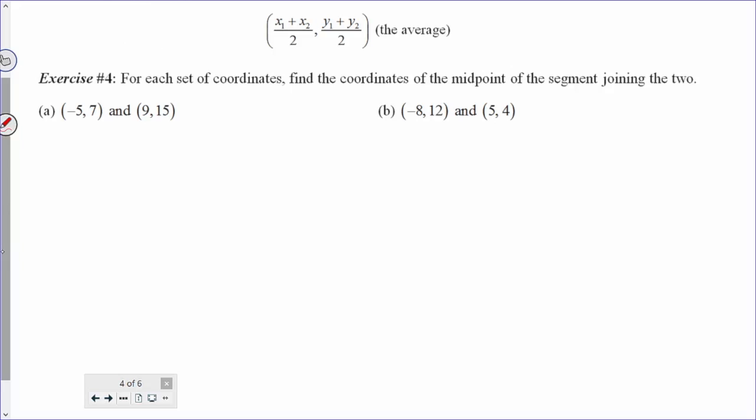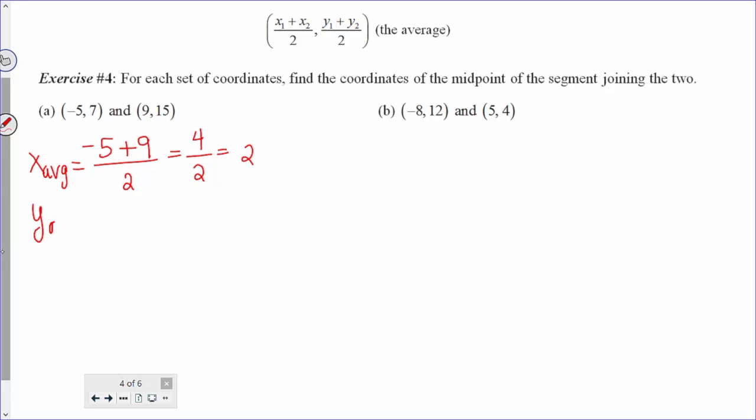Let's say I've got a segment that has these two endpoints, and I want to find the midpoint. So I take negative 5 plus 9, the two x-coordinates, and I divide by 2. Negative 5 plus 9 is positive 4. Positive 4 divided by 2 is 2. That's my average x-coordinate.